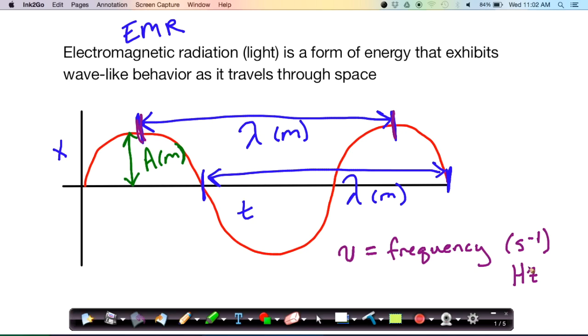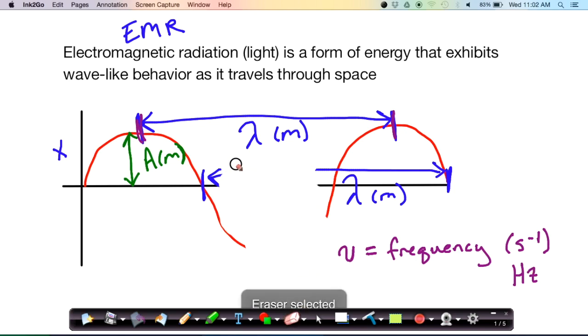Another thing that we might look at here would be wave speed. So wave speed, if we think about speed from math class or physics class or wherever you've looked at calculations of speed before, it's distance divided by time. So how far something travels in a unit time.